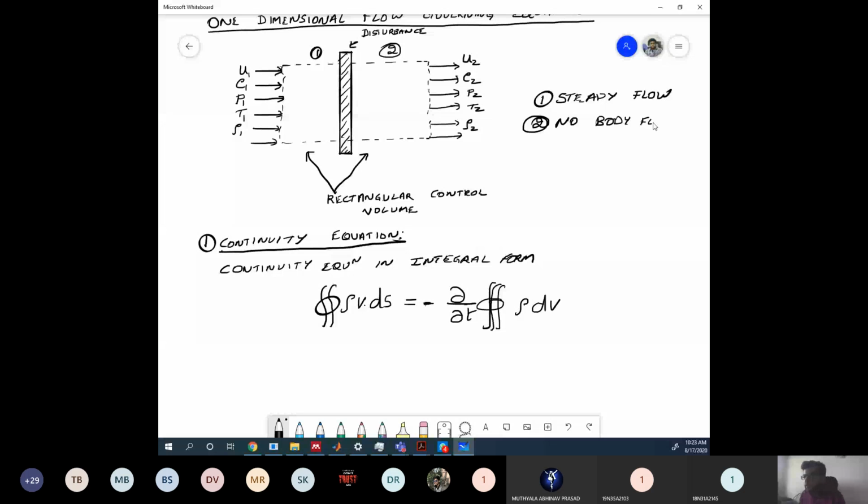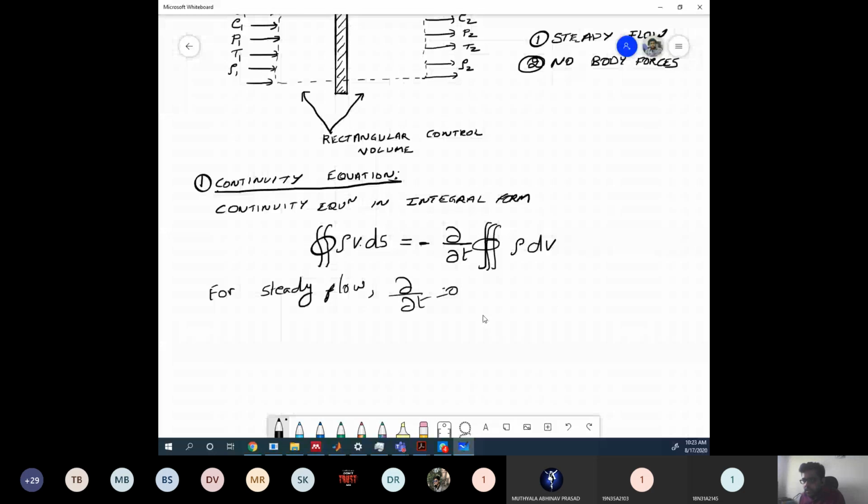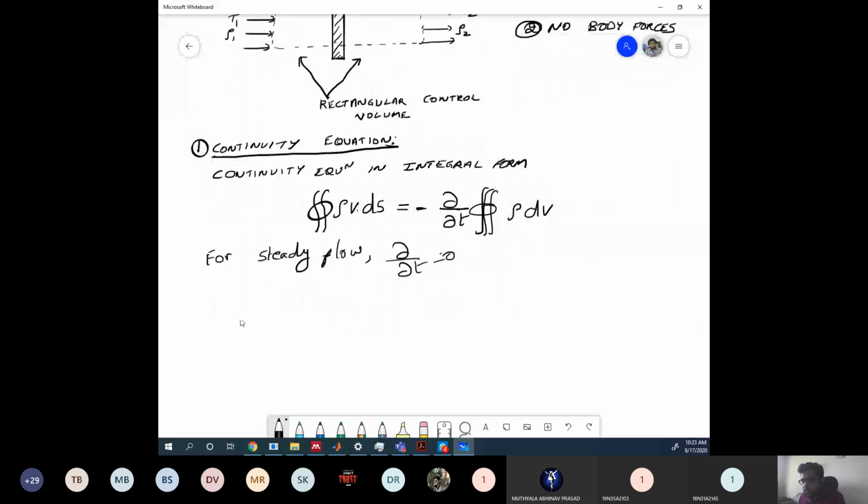Steady flow means dou by dou t is equal to 0. So that means the surface integral of rho V dot dS is equal to 0.